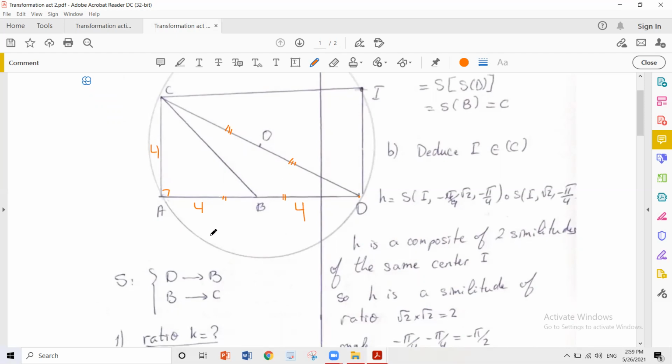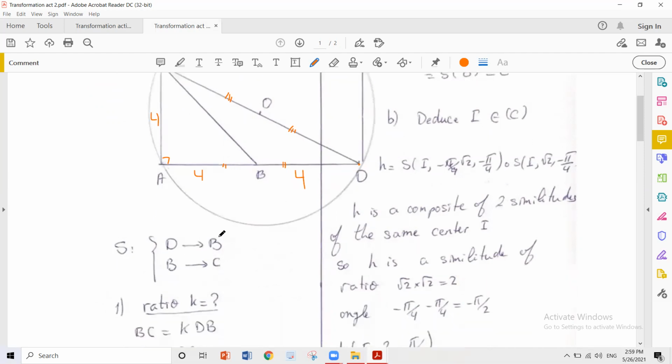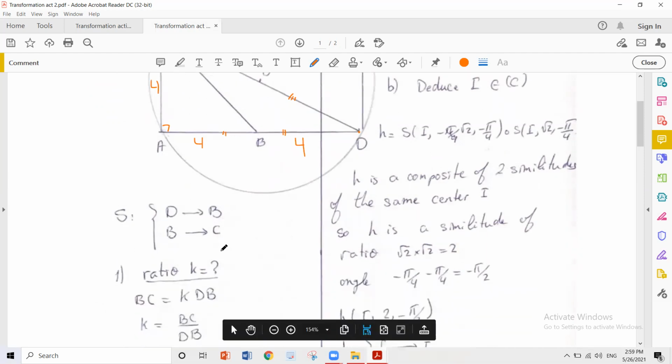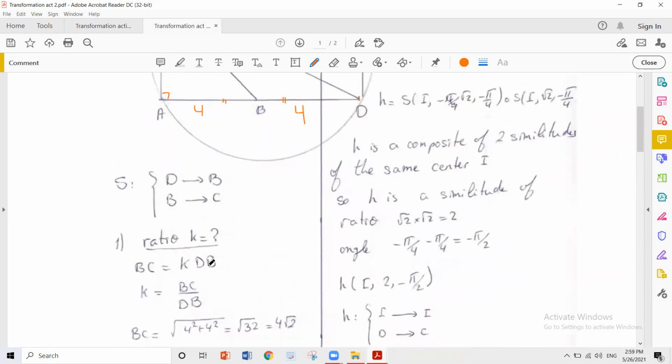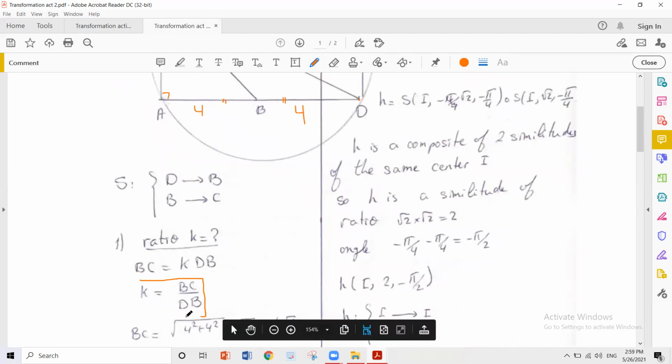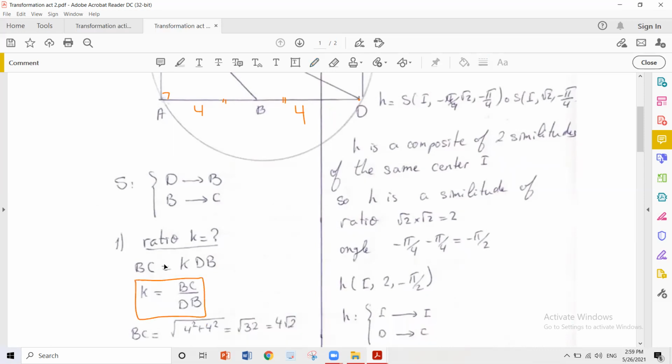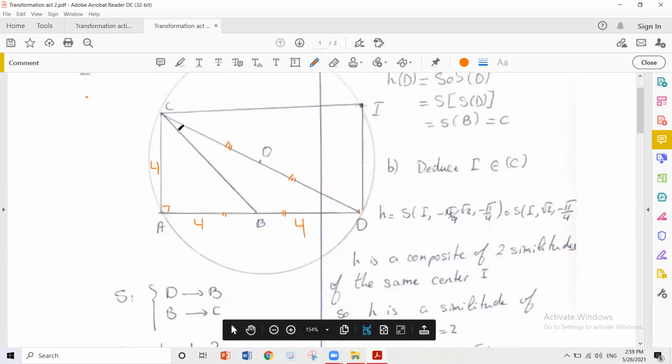To calculate the ratio, we say that BC equal K times DB. So K equal BC over DB. How to calculate BC?